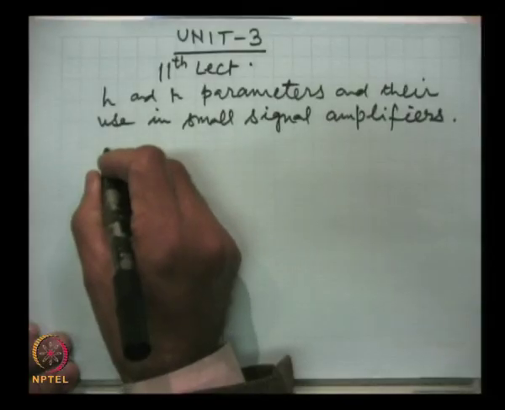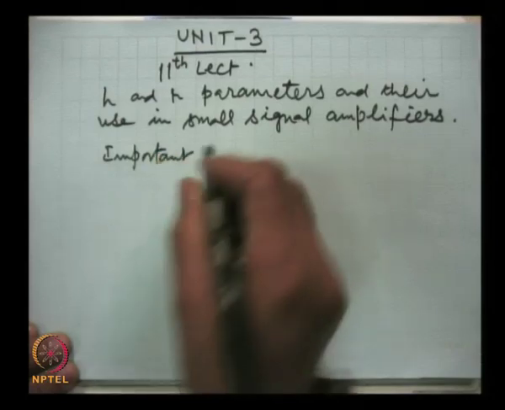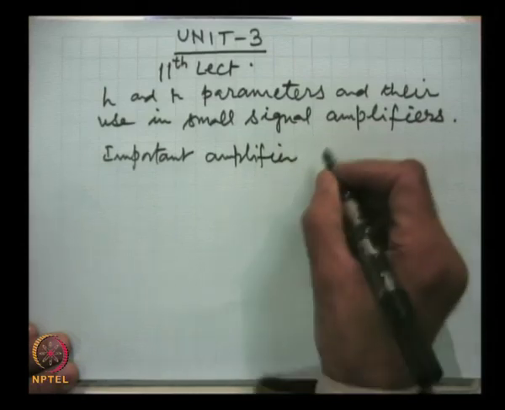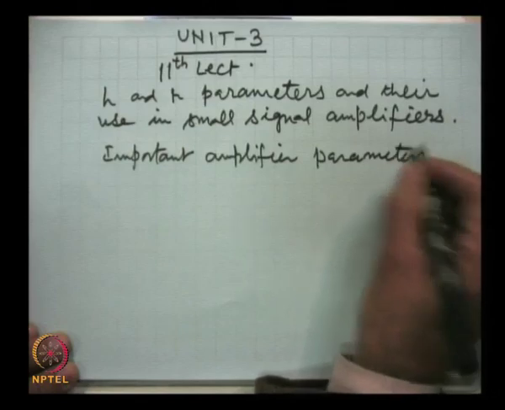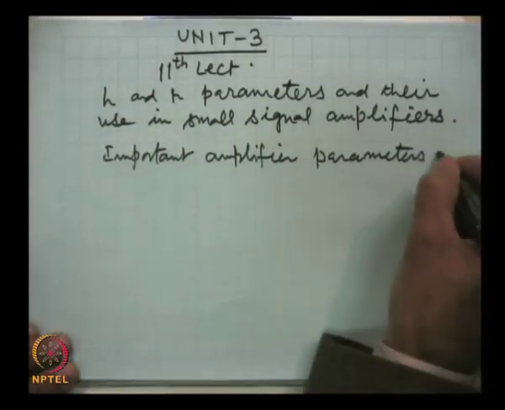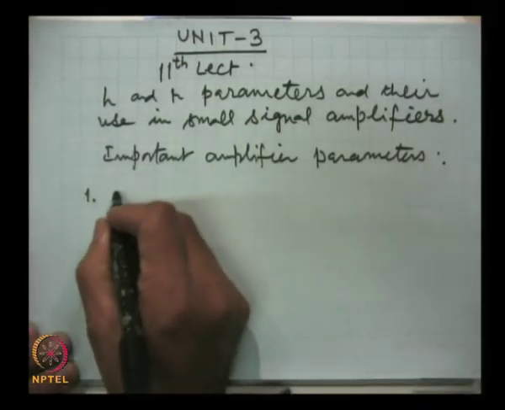Now, for an amplifier there are 4 most important parameters. These are important amplifier parameters. One is the input impedance.